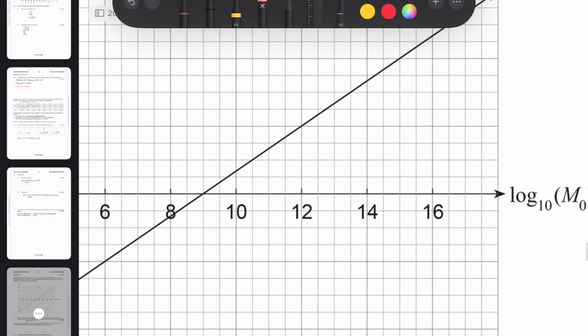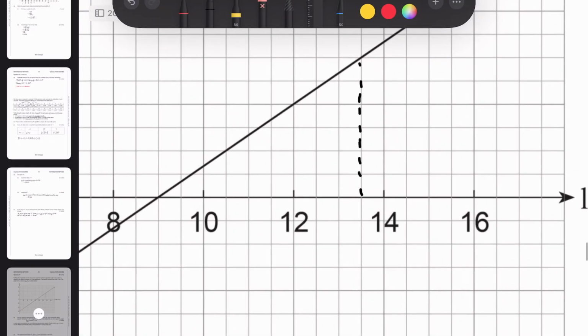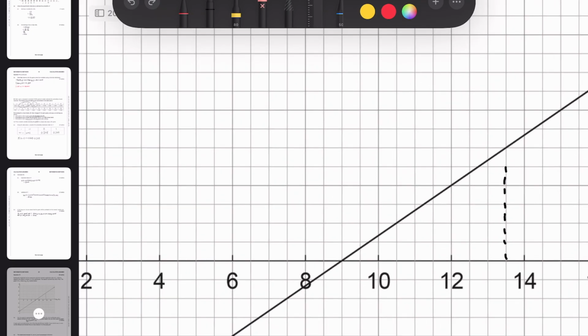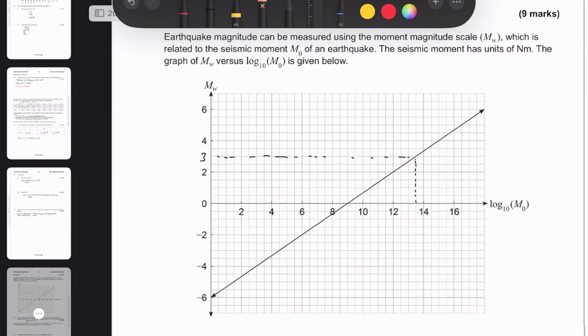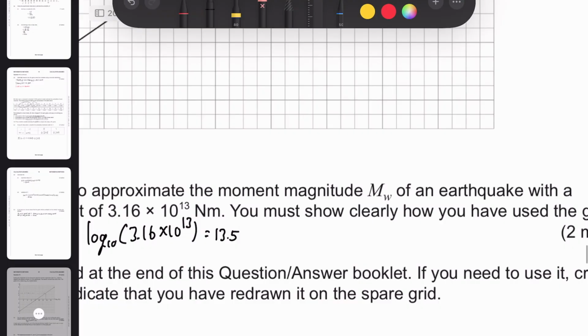Therefore, if we go to 13.5 here, because this would be 13, 13.5, then we find the y value associated with that. You can see that this is pretty much dead on 3. Therefore, MW is equal to 3.